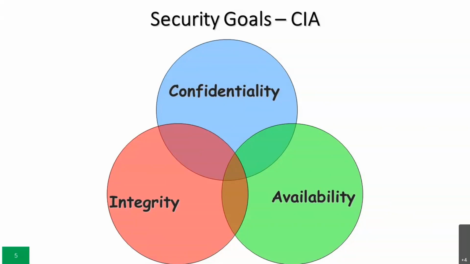Third term is availability. Availability means whatever we want to access, it should be accessible by us in a timely and reliable manner.